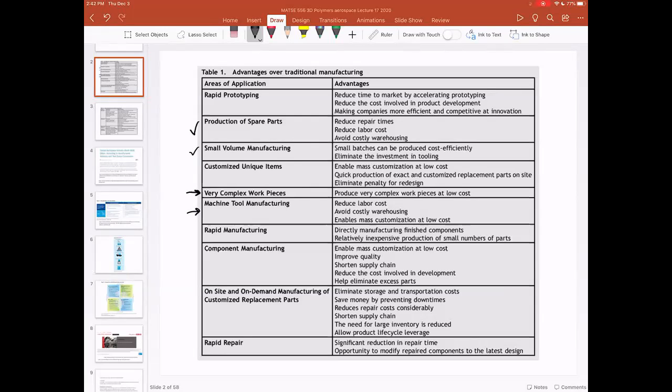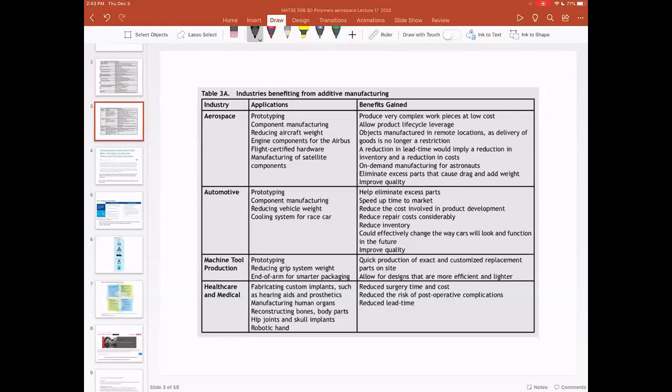That's making sure that the airplane wing that you made has the right shape. Component manufacturing and on-site manufacturing is all important for aerospace in various capacities, including rapid repair. The hours that the airplane is in the shop or can't fly is big money to these airlines because they only make money when the airplane is flying. So that's important to consider.